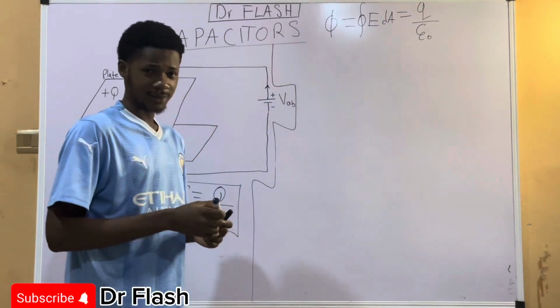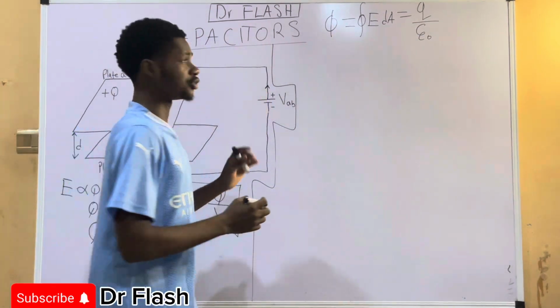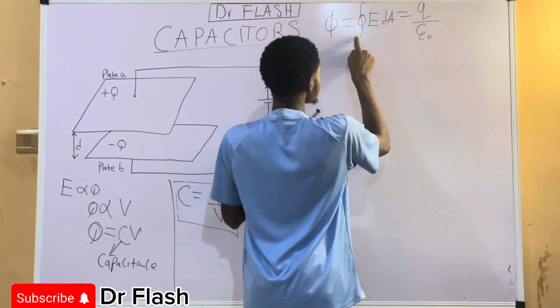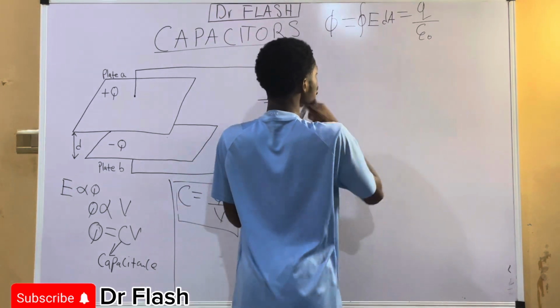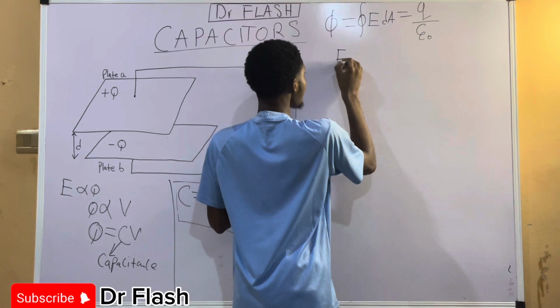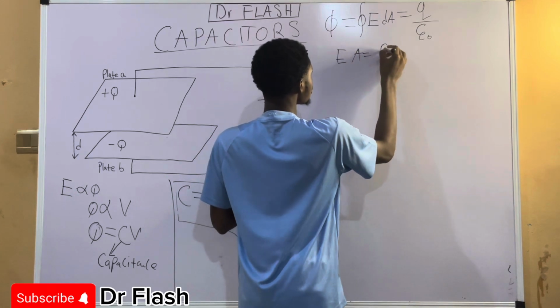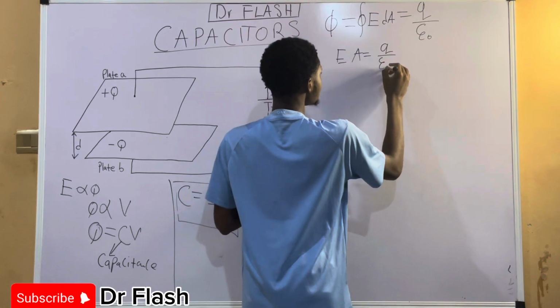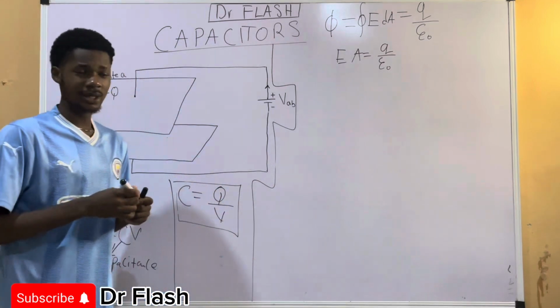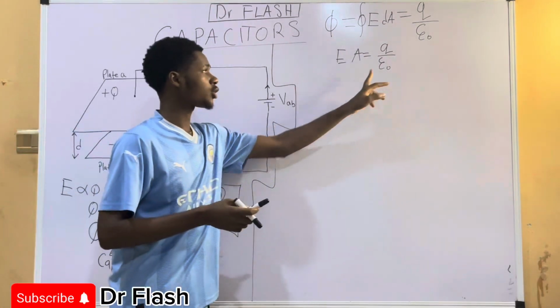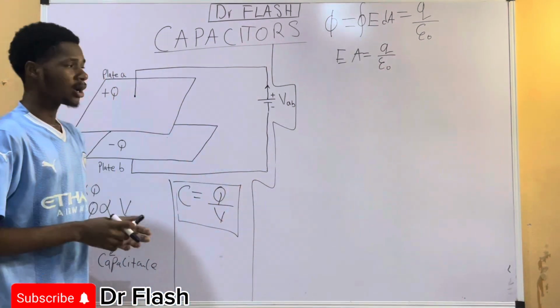Now, if this equation is true, by integrating along a closed surface, we're going to get E times A equals Q over the permittivity of free space. EA equals Q divided by the permittivity of free space.